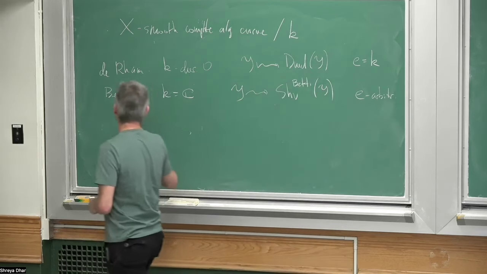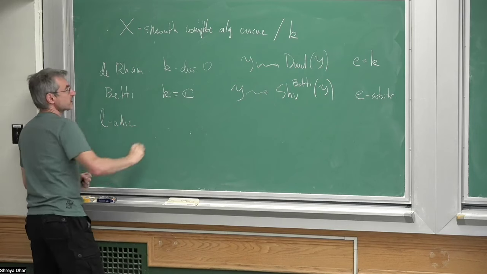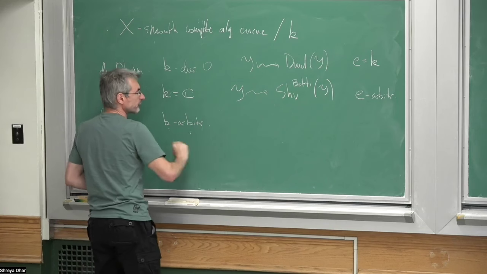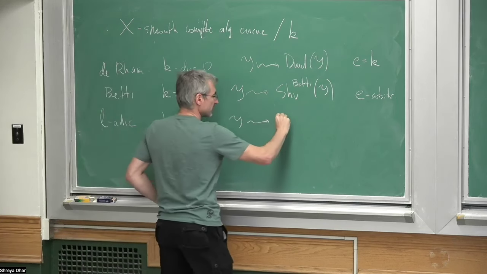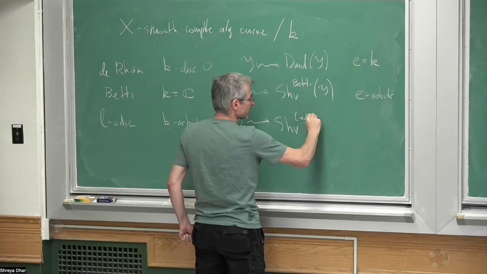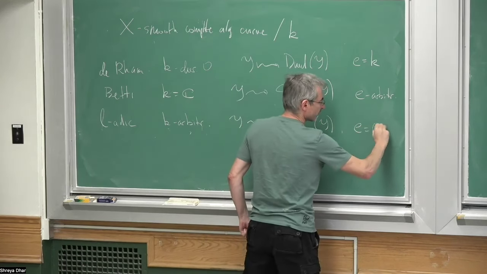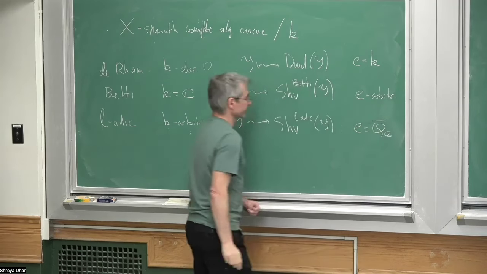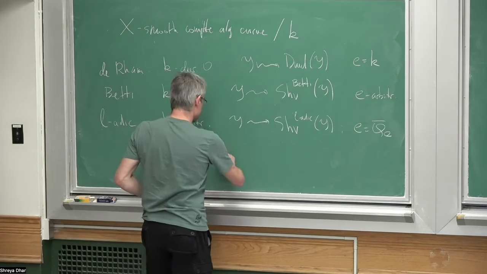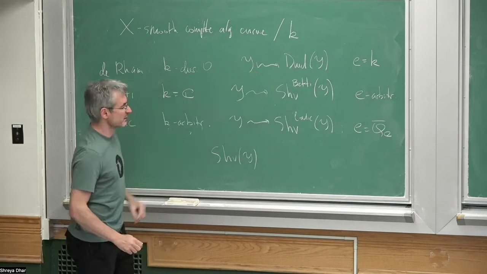Or you can take l-adic sheaves, and in this case, K is arbitrary. To Y, you attach the category of l-adic constructible sheaves. In this case, the field of coefficients is Q bar l. Sometimes I'll write just sheaves on Y to indicate any of these three, if I don't want to specify.